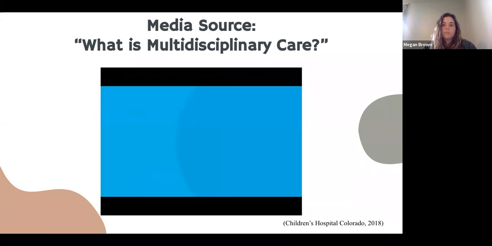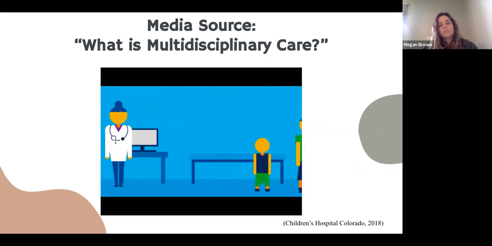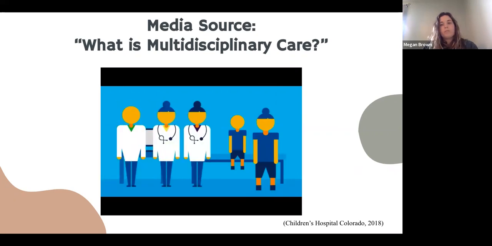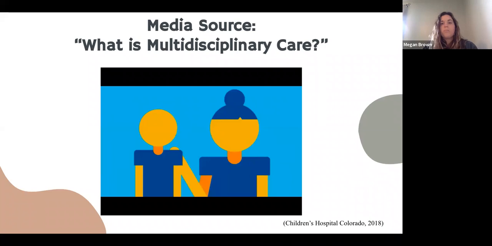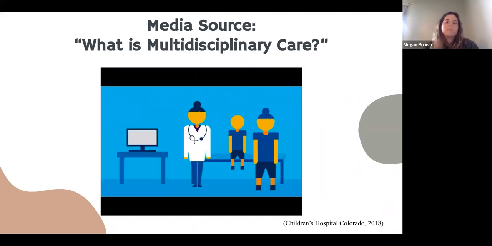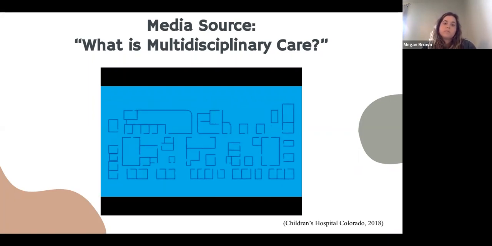This is called multidisciplinary care, and we apply it to hundreds of conditions. Our specialists, nurses, and many others work as a team to address the individual needs of each child we treat. And while our specialists may be experts in their disciplines, the expert on your child is you. Here, we put families at the center of every multidisciplinary team. We are starting to redesign our spaces for this purpose.